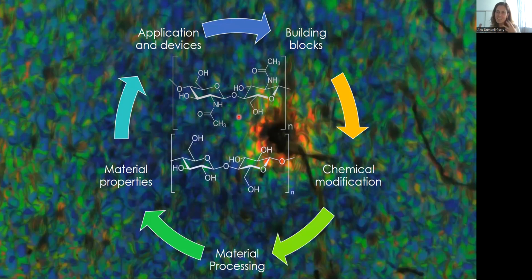But starting from these building blocks is very joyful for us, because they allow us to design building blocks, play with their chemistry, and then apply material processing methods to them. And in every step we are able to modulate the material properties, mostly optical properties, but their chemical responsiveness as well, and that can be applied to applications and devices.